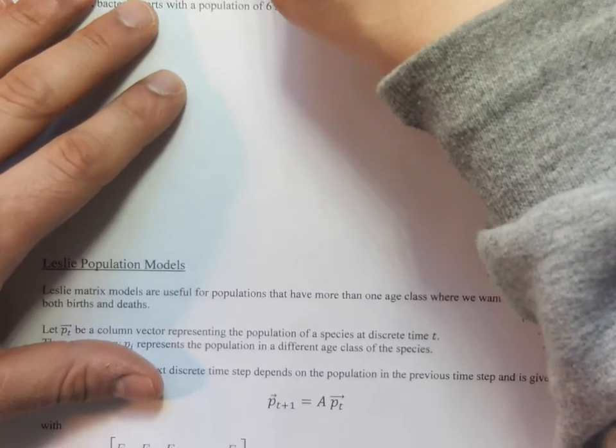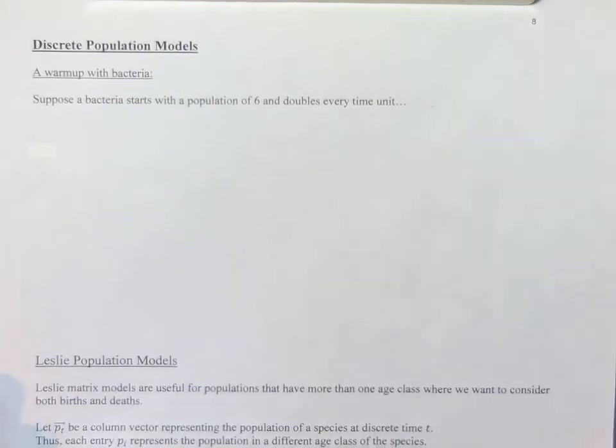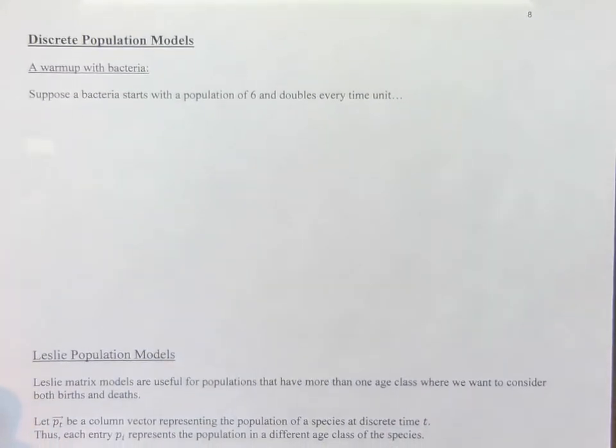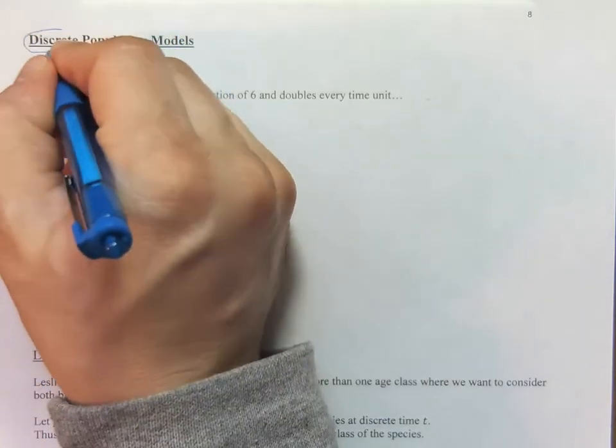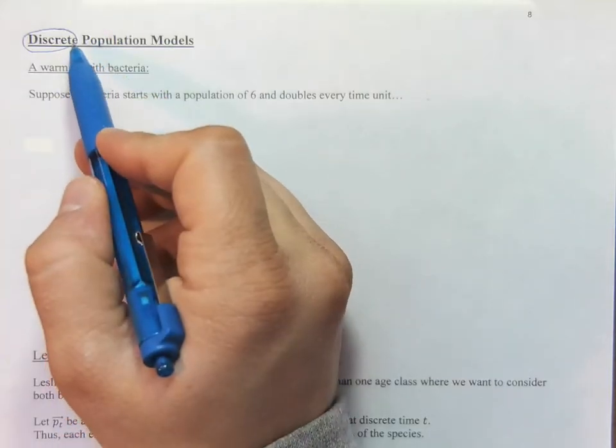But before we get there, I want to set it up with a more basic example so that when we get to the more complicated example, it seems a little more familiar. This falls into the category of what's called discrete population modeling. Most of the functions you're familiar with are probably continuous, and discrete is the opposite of continuous.